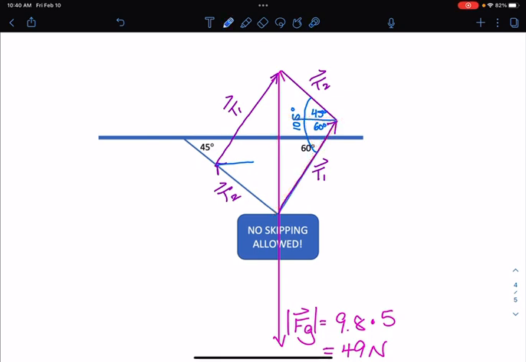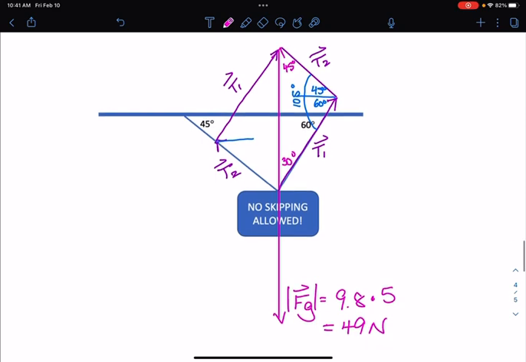So my bottom corner is going to be 30 degrees. And then similarly up here, I have a right angle triangle. So if this is 45, then the top corner is going to be 45 also, because 45 and 45 add to 90. And so I have everything I need to solve for the forces of tension.